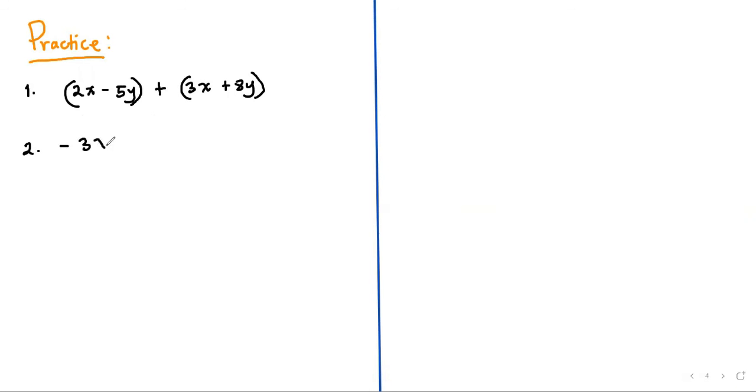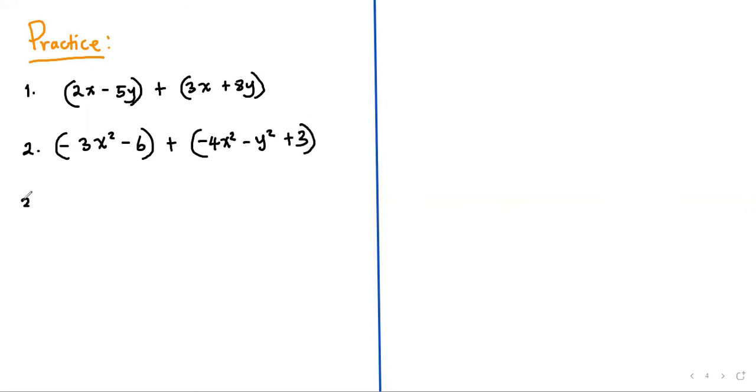Negative 3x squared minus 6 plus negative 4x squared minus y squared plus 3.